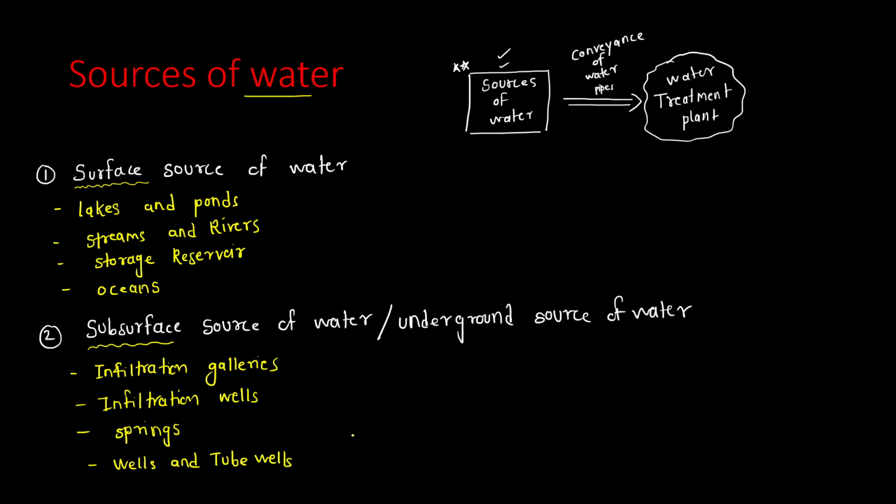So these are the surface sources of water and these are the subsurface sources of water. In the next video we will see in detail some more information about the surface sources of water.